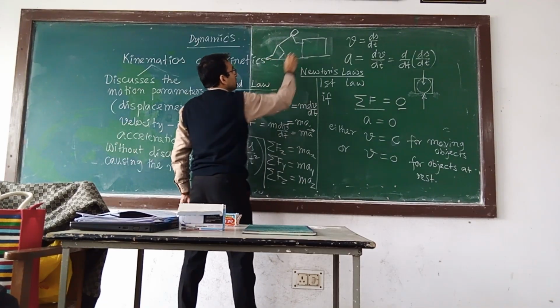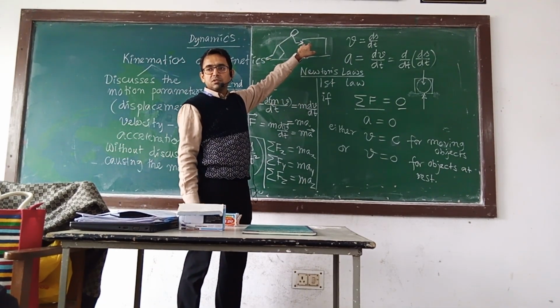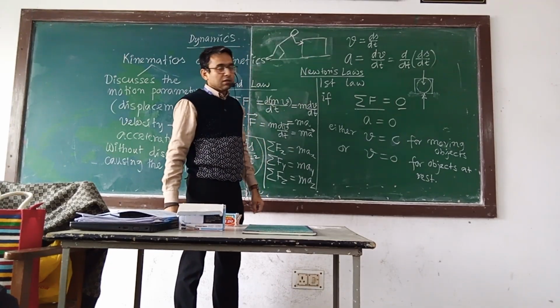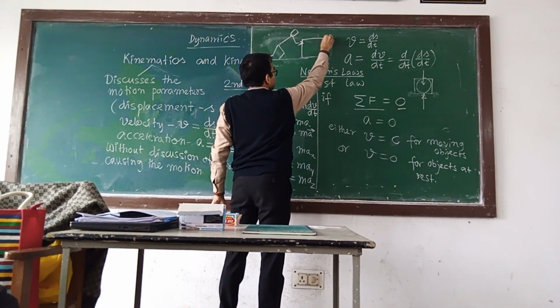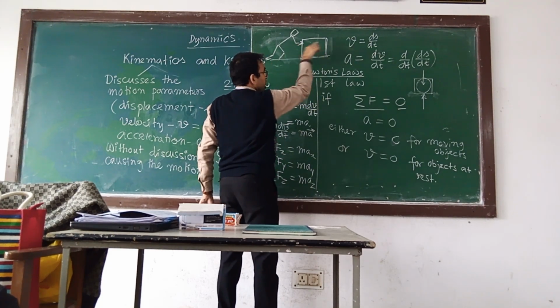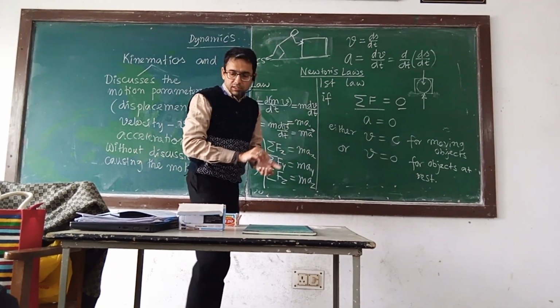So this is the force. He is pushing. That means when I draw the free body diagram of this, there will be a push. So when I draw the free body diagram, can I erase it? Partly.